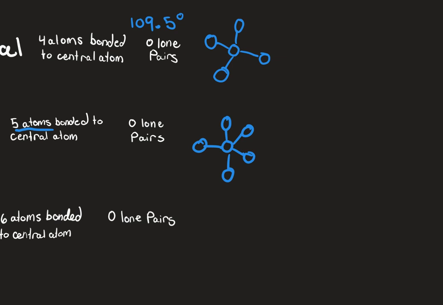So the bonds on the equator, so these guys, I'm going to redraw them in red, are going to have a bond angle of 120 degrees. And then the vertical bonds have a bond angle of 90 degrees.